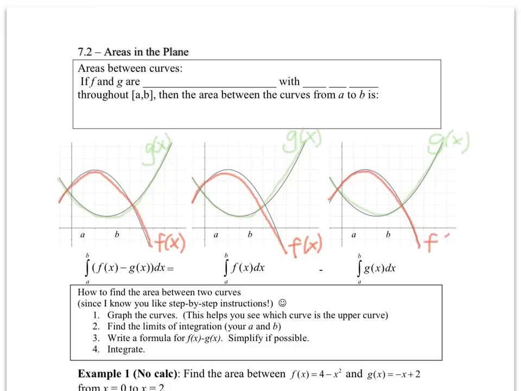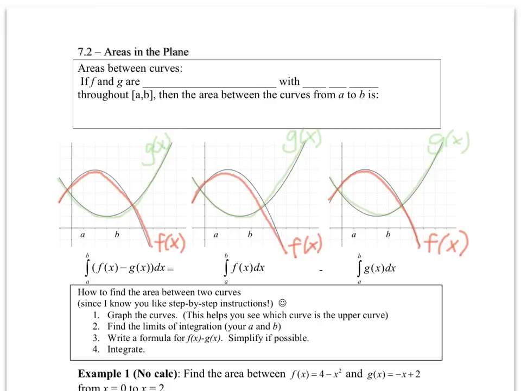Now, let's take a look at that middle graph, and look at the definite integral between a and b of f of x. The definite integral from a to b of f of x is asking you to find the area between the curve and the x-axis.